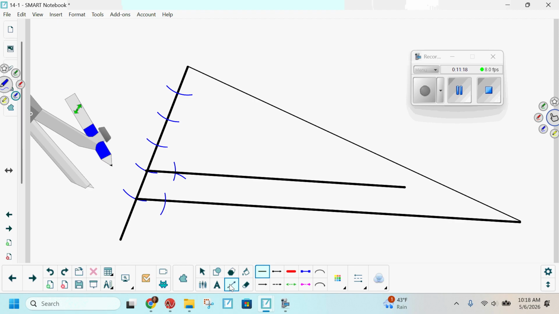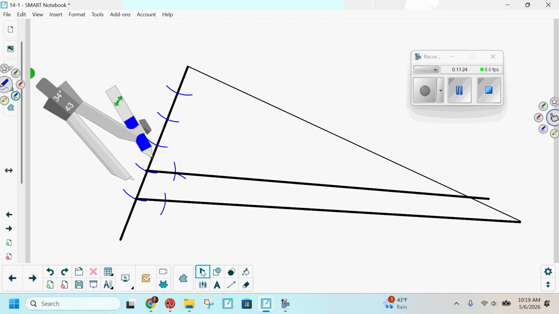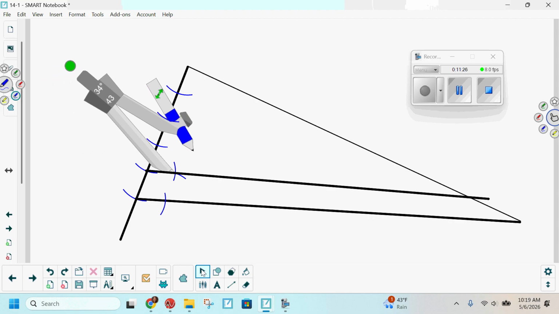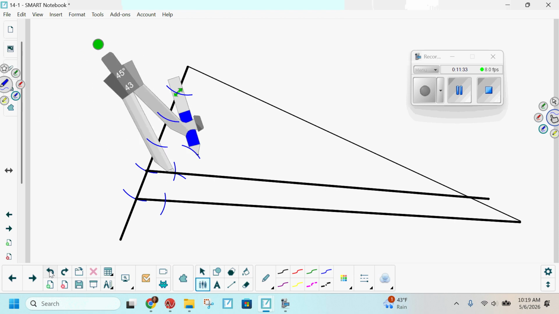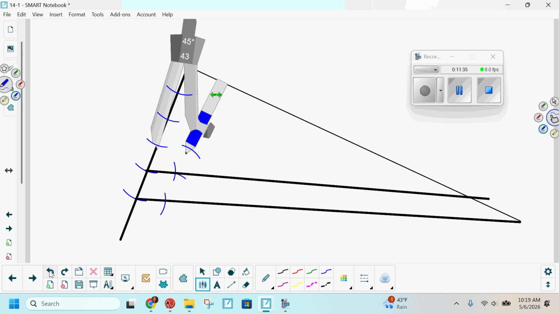And then connect, and make sure you go all the way across with that straight edge, and then do it again. So swing, and then swing.